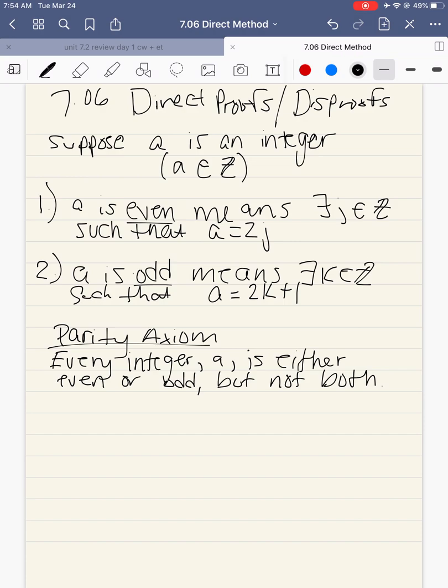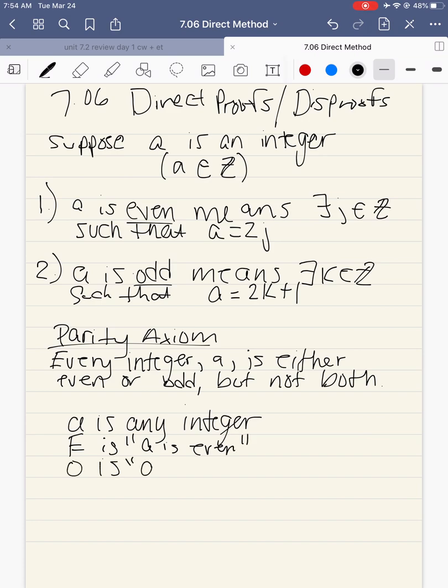If we let a be the statement a is any integer, e is a is even, o is a is odd, then we could have the statement for all a, e exclusive or o.